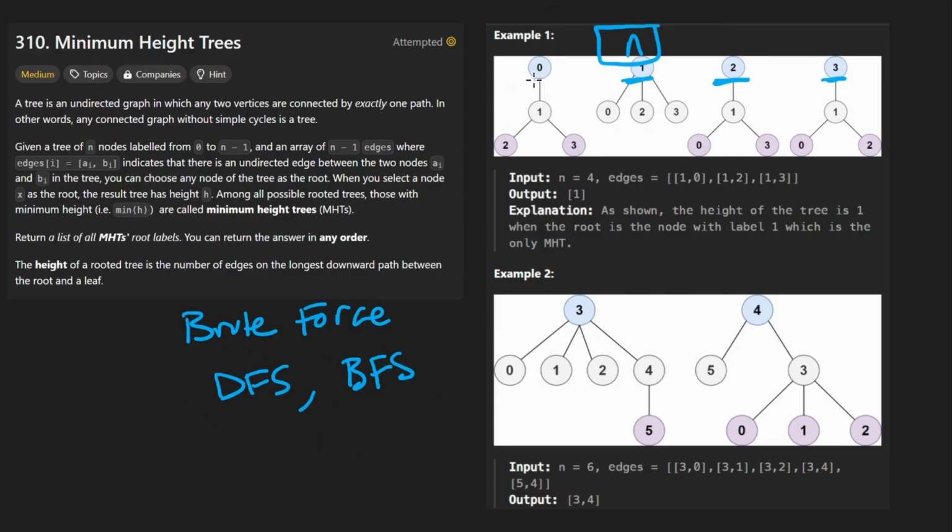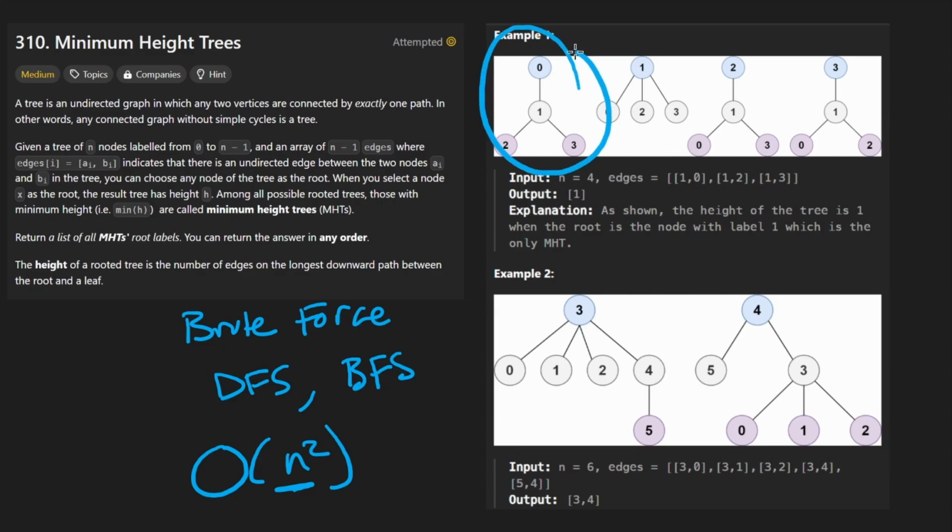So therefore, the time complexity here is going to be big O of n squared, where n is the number of nodes. Now, typically in a graph, the traversal is going to be the number of edges plus the number of vertices. But remember, the number of edges here is pretty much proportionate or equal to the number of nodes. So we don't really have to consider that in terms of the time complexity. So we just can say n squared.